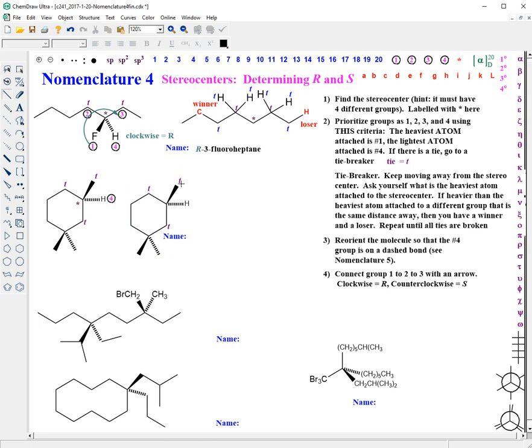Heaviest thing is an H. Which is a loser to this C and this C. Notice all the red things are the same distance from the stereocenter. So we've established our 3, the loser, the red loser.